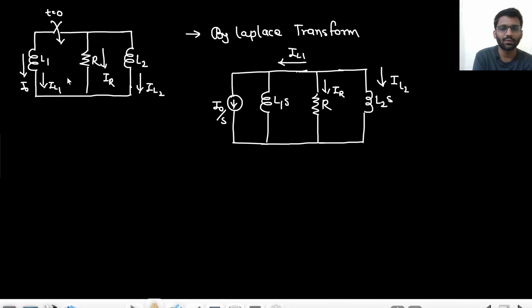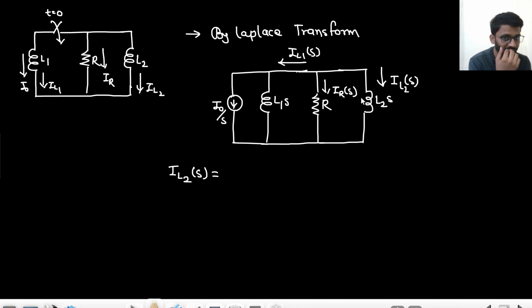So first, what should we write? Look, I can write IL2. What will be my IL2? The current will be divided in inverse proportion of the impedance, not the inductance.